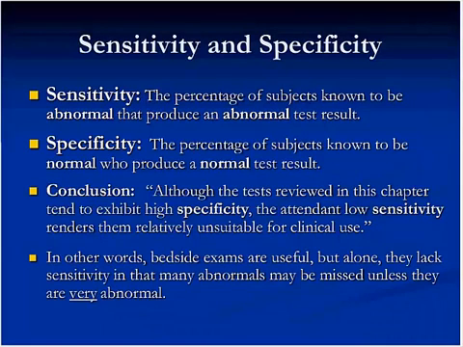And their conclusion after all of this is that although the tests reviewed in this chapter tend to exhibit a high degree of specificity, the attendant low sensitivity renders them relatively unsuitable for clinical use. In other words, bedside exams are useful, but alone they lack the sensitivity in that many abnormals may be missed unless they are very abnormal.